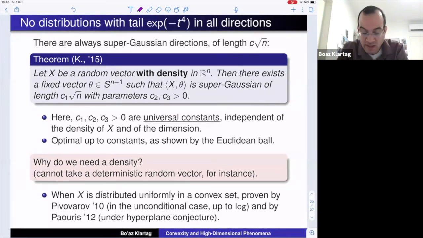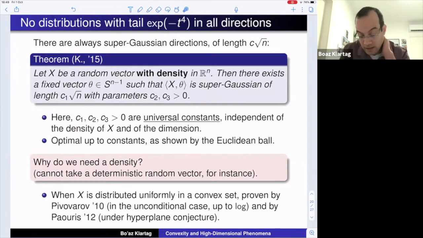There are no distributions whose tail is e to the minus t to the quarter in all directions. And apparently there are always Supergaussian directions of length at least root of n. So here's the following result without any convexity assumptions. We have some random vector x in R^n, and the only assumption on x that makes it n-dimensional is that we assume that x has a density.